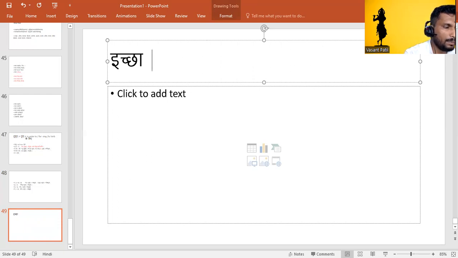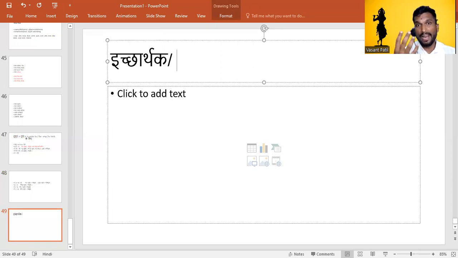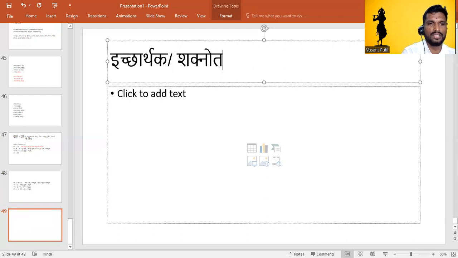They call them iccharthak dhatus, meaning dhatus like ichchati which show desire. And second, dhatus which show ability, like shaknoti. With these two kinds of dhatus, the tumunta pratyaya is used more. This is how it is written here.